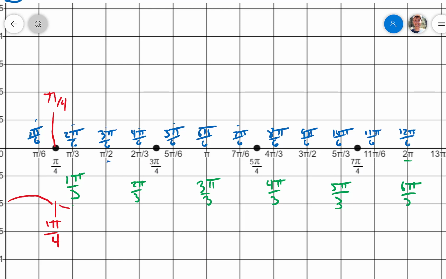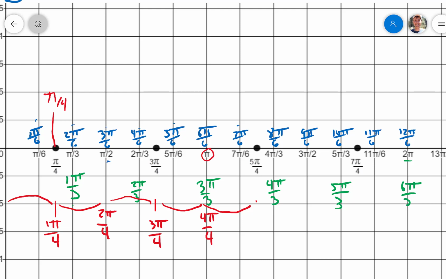And then if I go 1.5 again, I'm right here, 2 pi fourths. If I go 1.5 again, I'm right here at 3 pi fourths. And if I go 1.5 again, I'm here at 4 pi fourths. Now, what is 4 pi fourths? That's 1 pi. And you can see that we can count this whole thing and scale it by pi fourths.